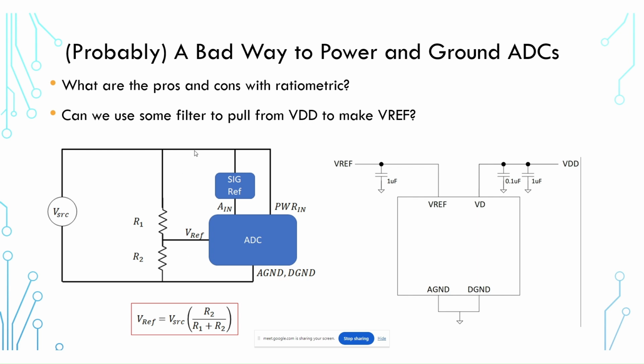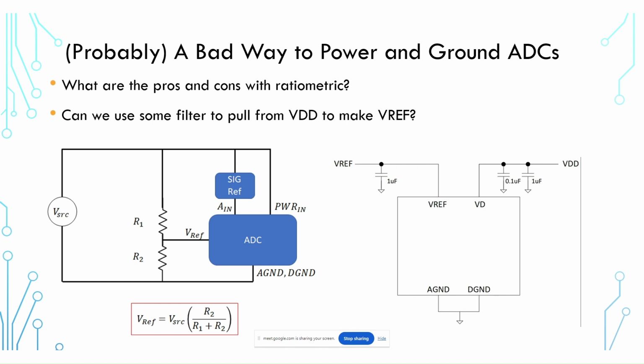Whenever your analog input signal level drops due to a change in the source voltage, it also changes the reference voltage going into the ADC, which is then used to read out that analog signal into a digital number. So you're basically just setting up a voltage divider here and stepping down your source into a reference voltage. This is a very simple way to do it.